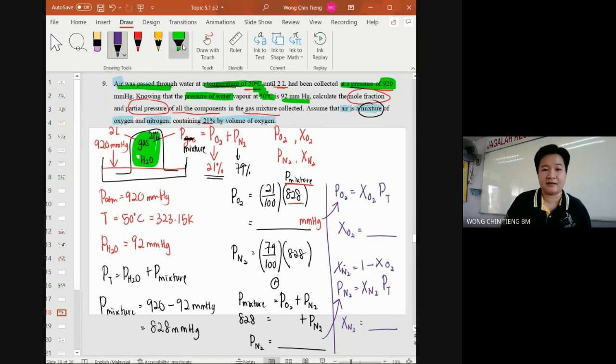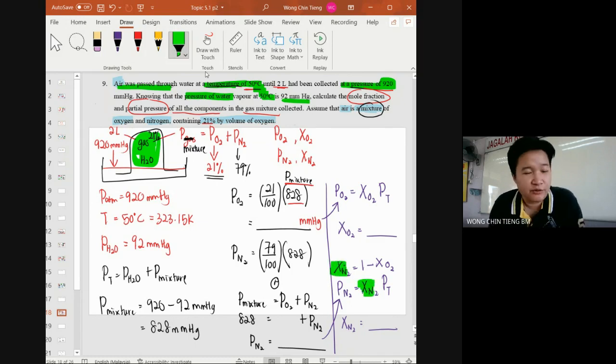Boleh, tak ada masalah. Alright, boleh, tak ada masalah. Sama je. If you understand how to use both of the formula, you are very, very good already. Okay? Am I going too fast or am I going too slow? Okay, boleh. Menjawab soalan?